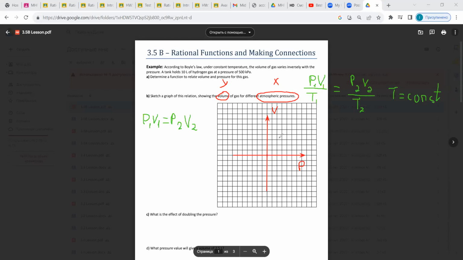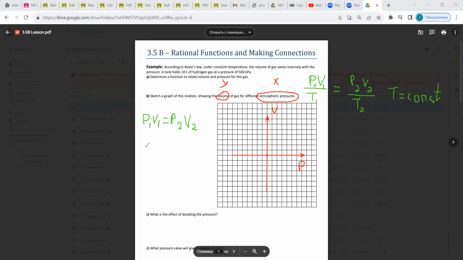dependent variable, sorry. Does everybody agree with me? Is it clear why I picked it that way? Great. So let's start with the simplest case, when the pressure equals 0.